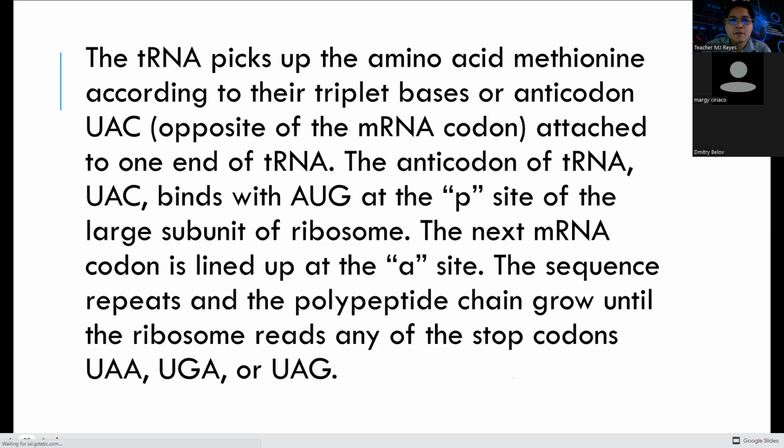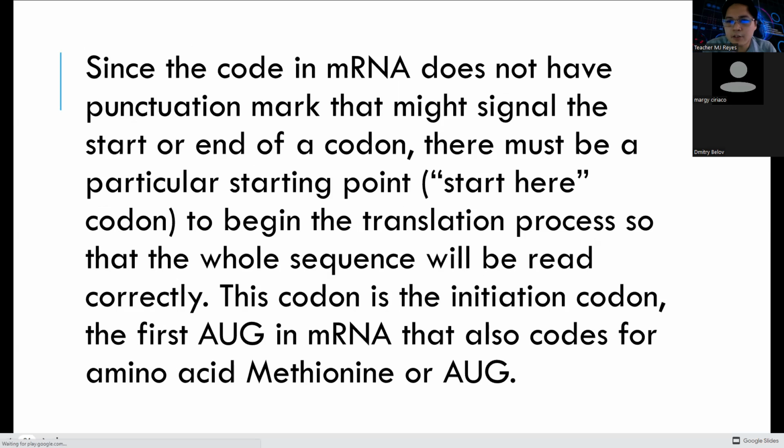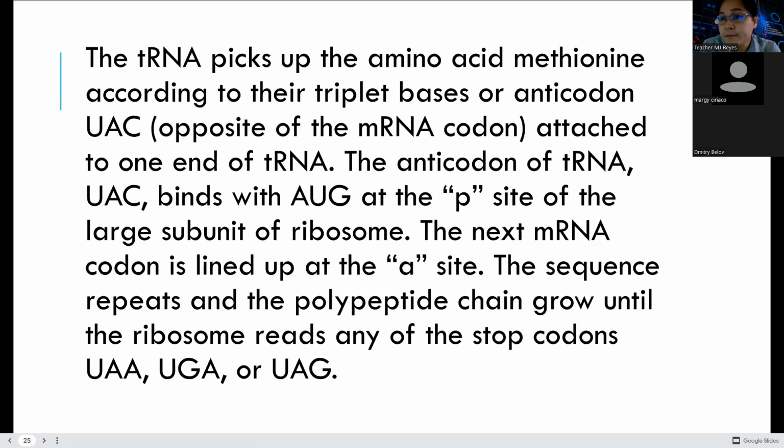We are creating abnormal cells with these ribosomes. Okay, we're creating abnormal growth of cells because of this. Okay, let's continue. The tRNA picks up the amino acid methionine according to their triplet bases, or the anticodon UAC. Why UAC? Okay, let's take a look at this one. We started with AUG, adenine, uracil, and guanine. Okay, so the anticodon for this AUG: adenine is paired with thymine.